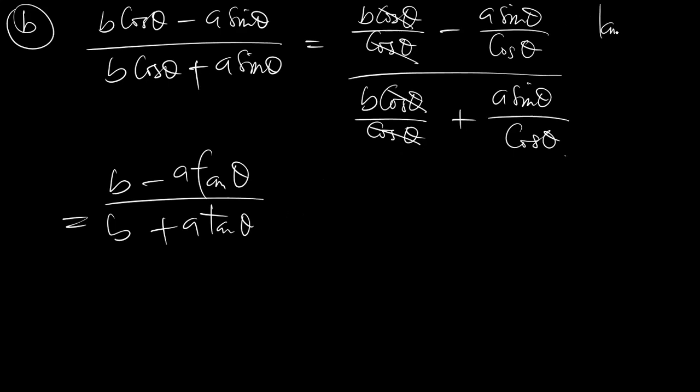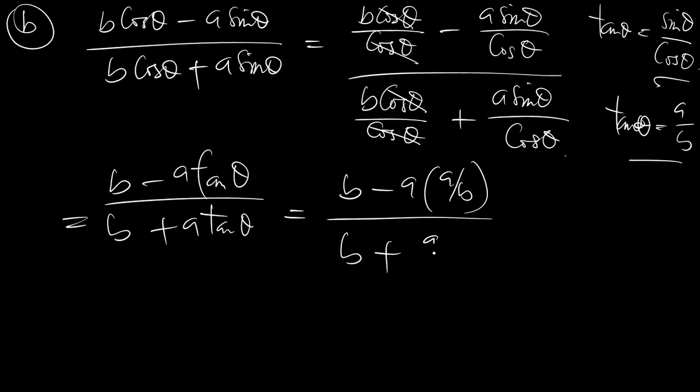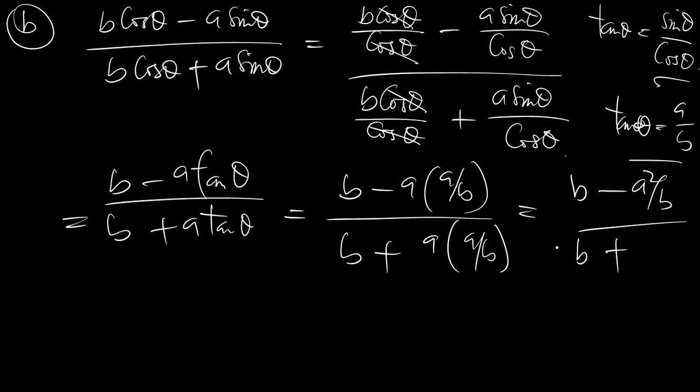Now, since tan theta is equal to sin theta divided by cos theta, and we know that tan theta is equal to A all over B, substituting A all over B for tan theta here, you have B minus A into A all over B, all divided by B plus A into A divided by B. So you now have B minus A times A, you have minus A square all over B, all divided by B plus A times A, you have A square all over B.